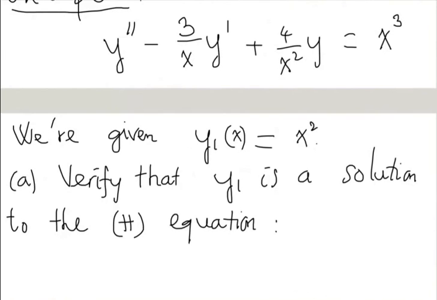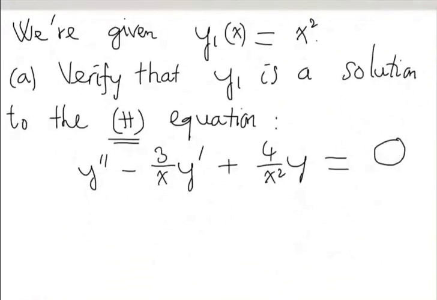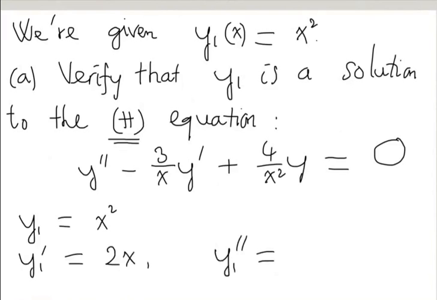Now it's very important to know that y1 is a solution to the homogeneous equation only. It does not solve the non-homogeneous equation. So the homogeneous equation is this one, y'' - (3/x) y' + (4/x^2) y = 0. This is what y1 is supposed to solve. Let's check. We have y1 = x^2, so y1' is 2x, and y1'' is 2.